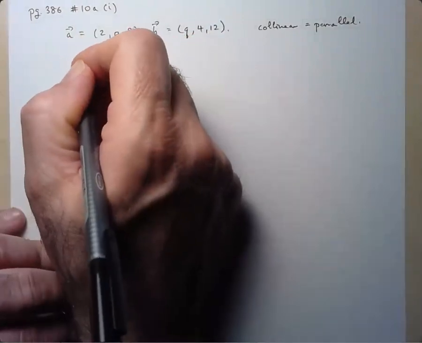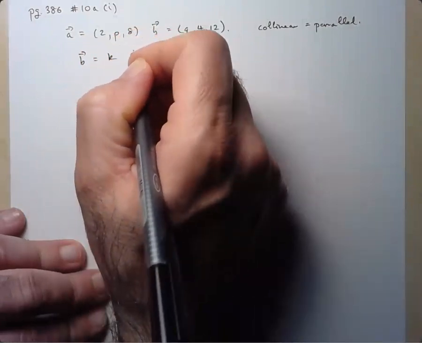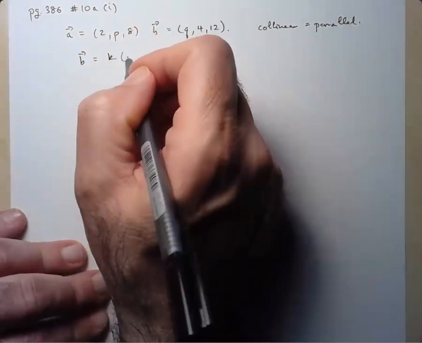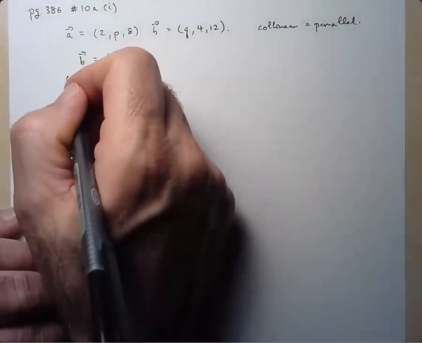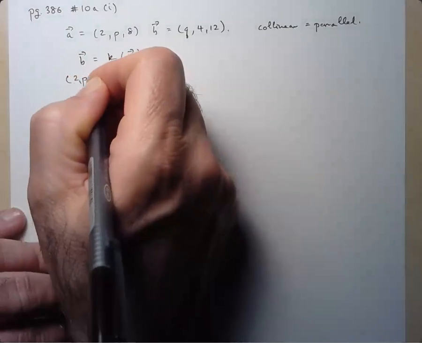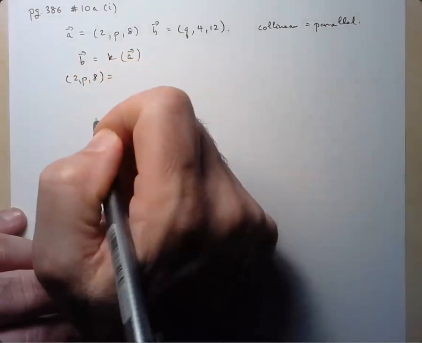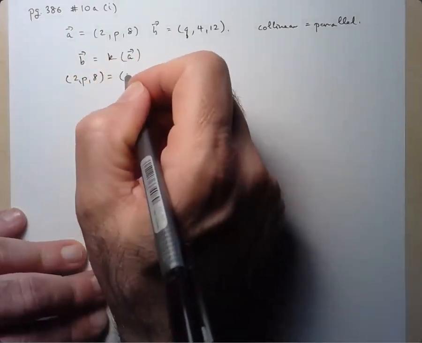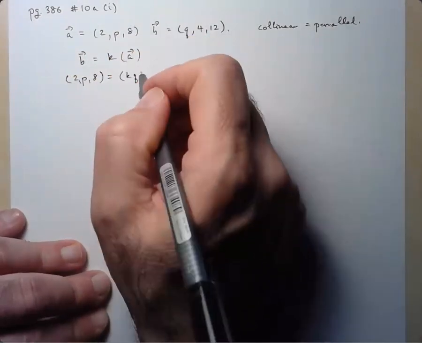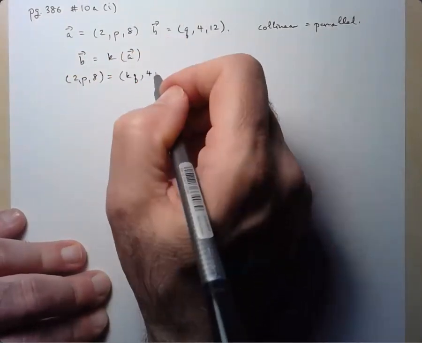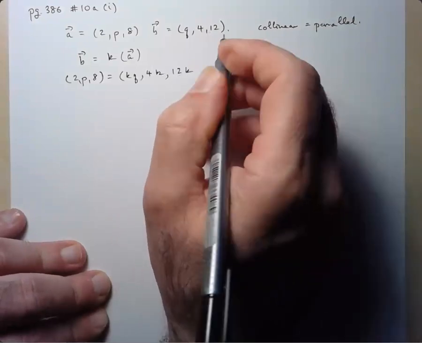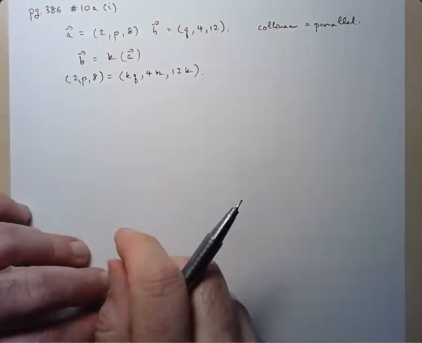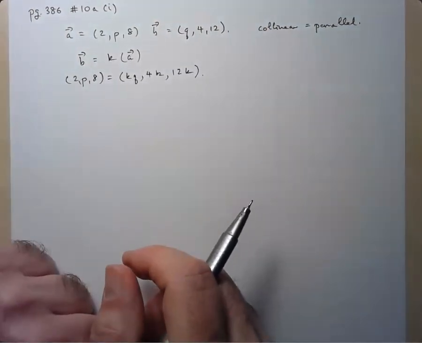Vector B needs to be some scalar multiple of vector A. So in other words, 2, P, 8 needs to be equal to Q times K, 4 times K, and 12 times K. Actually, I should have probably done it the other way around, but I could do it either way.